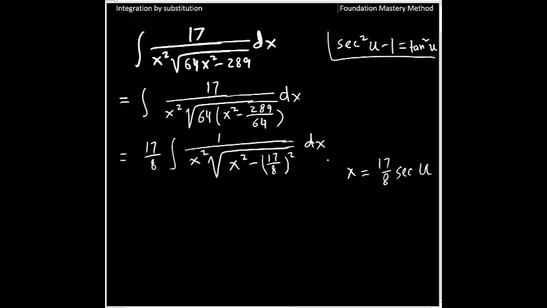So then I need to find my dx. So dx will be 17 over 8 secant u tangent u du. You know that. So this is your dx. Now let us substitute back everything in terms of u.